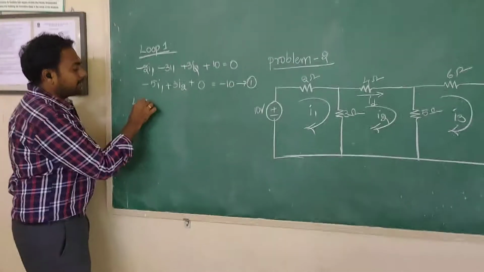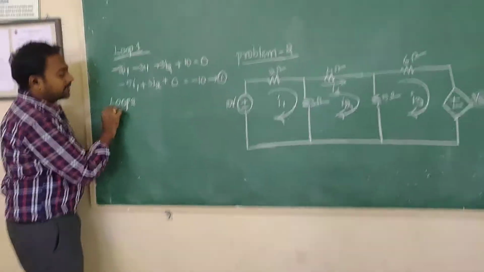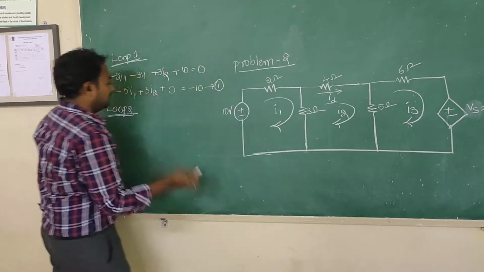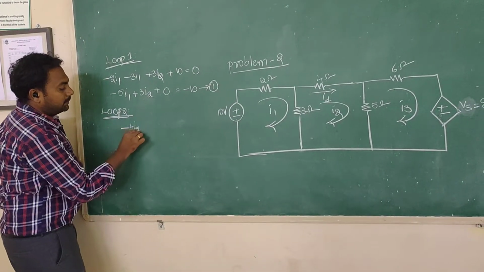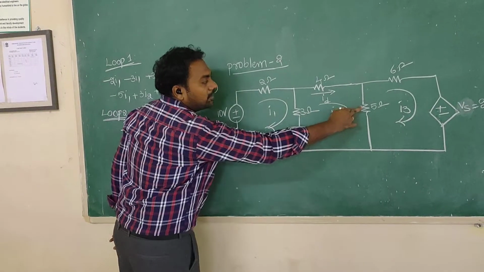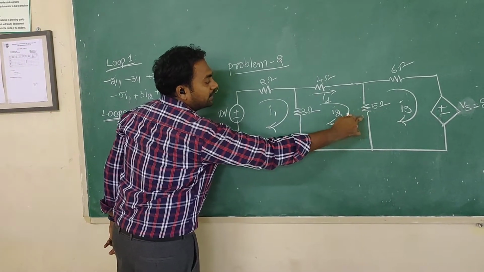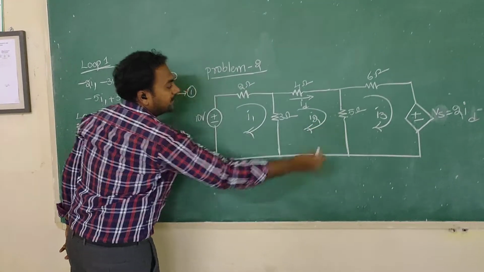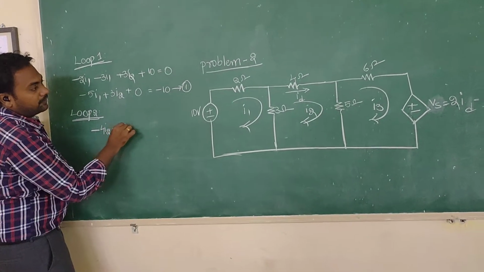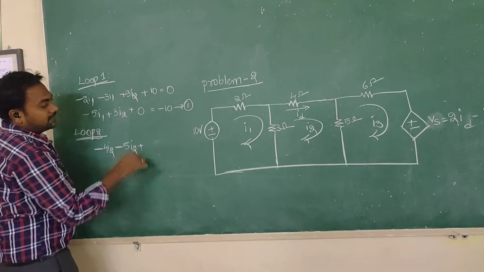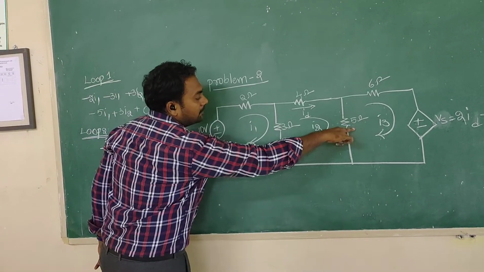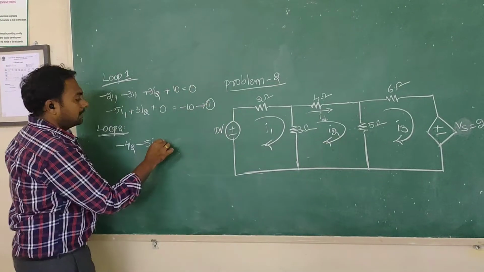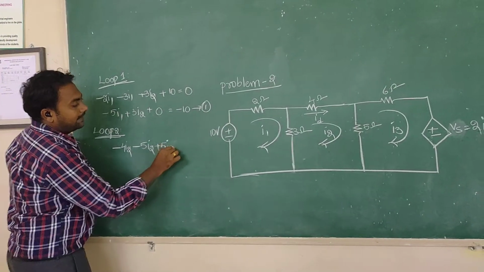Now I am writing the loop equation for loop 2. First, positive to negative, negative 4I2. Next, in the 5 ohm resistor there are two currents. One is positive to negative, I2, so negative 5I2. For loop 2, negative to positive gives positive 5I3.